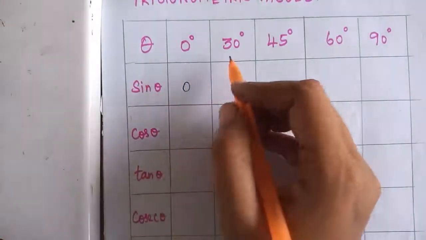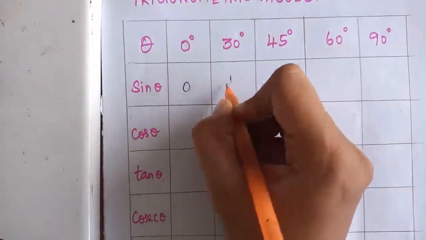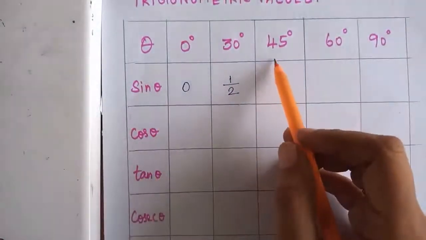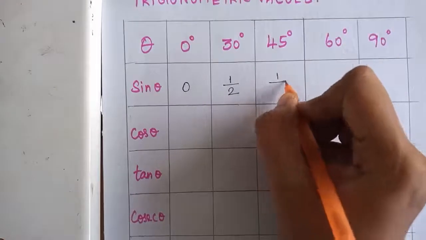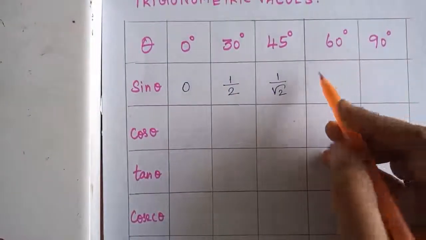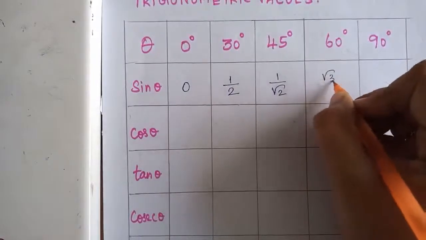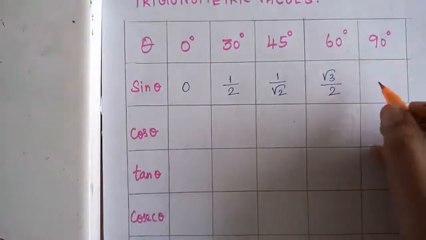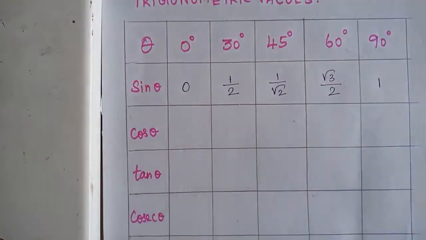Then sin 30 degree is 1 by 2. Then sin 45 degree is 1 by root 2. Then sin 60 degree is root 3 by 2. Finally, sin 90 degree value is 1.